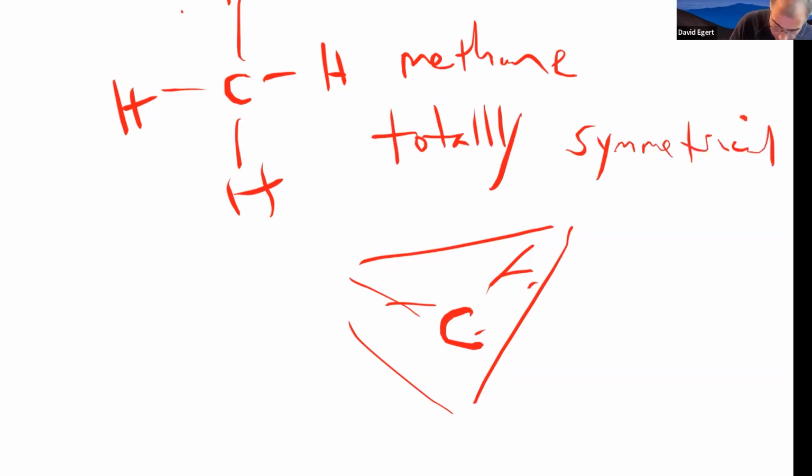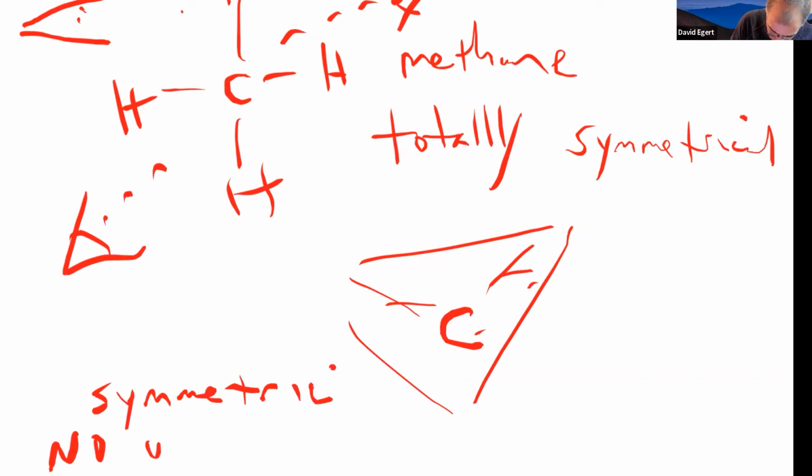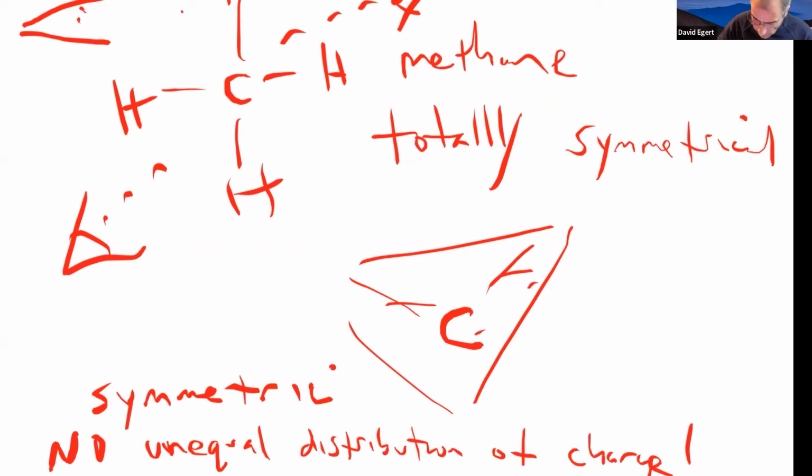So whatever side I'm looking at it from, I don't see one side having more negative or more positive. It's the same no matter what direction I look at. This is symmetric, with no unequal distributions of charge. This is what I call a non-polar covalent bond.